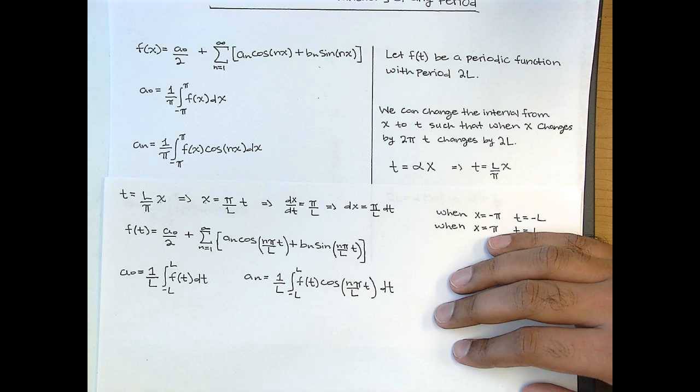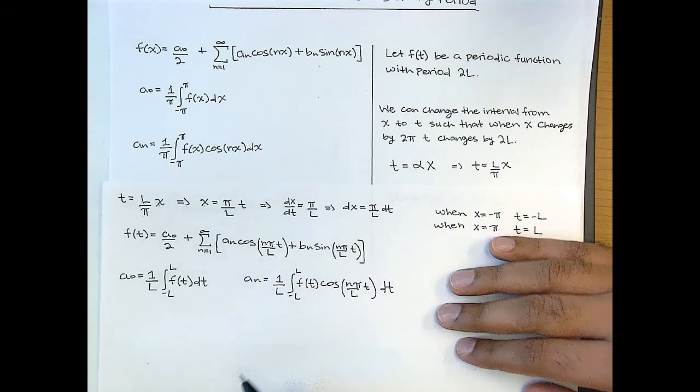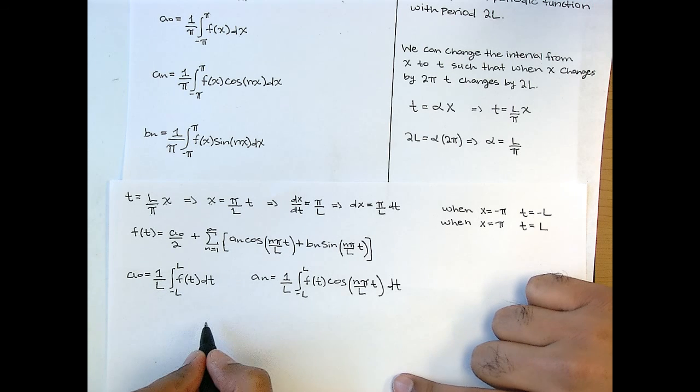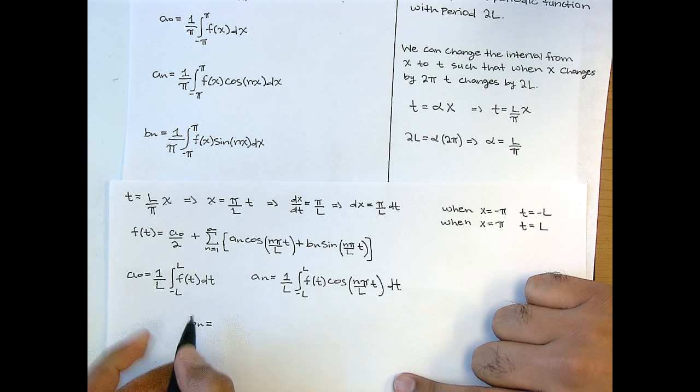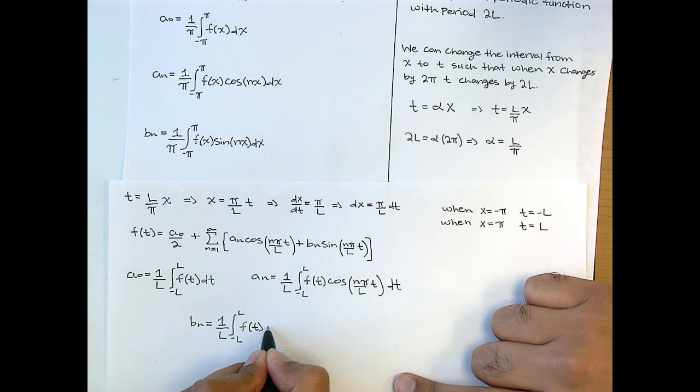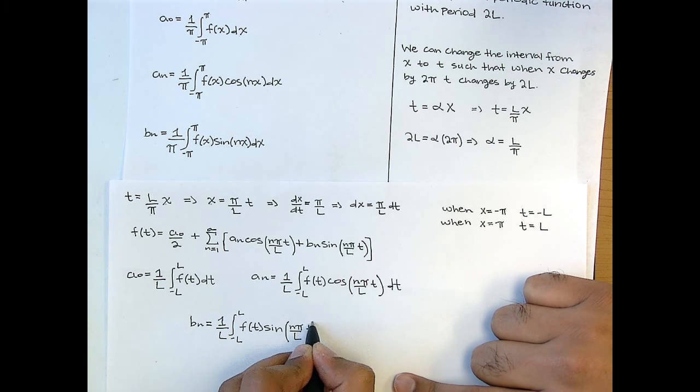Okay, so that is the coefficient a sub n. And finally, the coefficient b sub n similarly will be 1 over L, integral from negative L to L, f of t sine of n pi over L t dt.